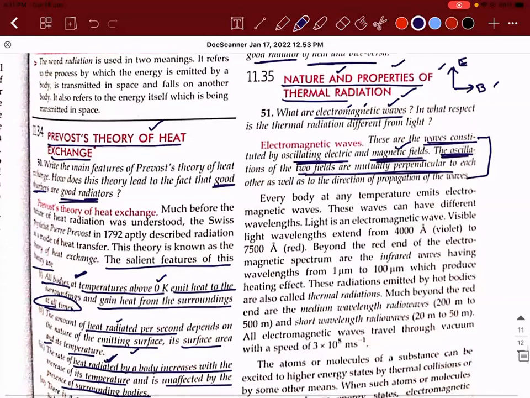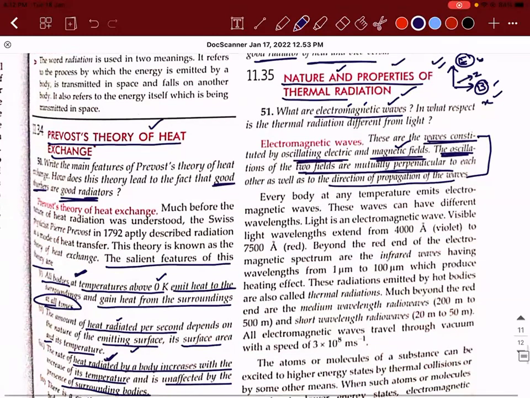The electric field and magnetic field vibrate perpendicular to each other, and the wave gets transmitted perpendicular to both E and B. Means if E is along the y-axis and B is along the x-axis, then the propagation will be along the z-axis.